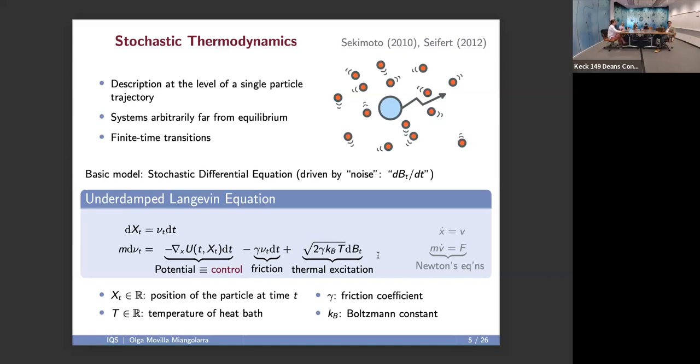And then we have the second term, which is sort of a dual term, and this is where Einstein came along, with the realization that because we have friction, we also have to have some thermal excitation, which comes from the fact that these particles in the heat bath are at some temperature, and they vibrate, they jitter, and they bump into this Brownian particle and exert some noise force on it. So this white noise is modeled by this B, this Brownian motion, and this term has to be proportional to the square root of 2 times gamma, the friction coefficient, k_B, the Boltzmann constant, and T, the temperature of the heat bath.